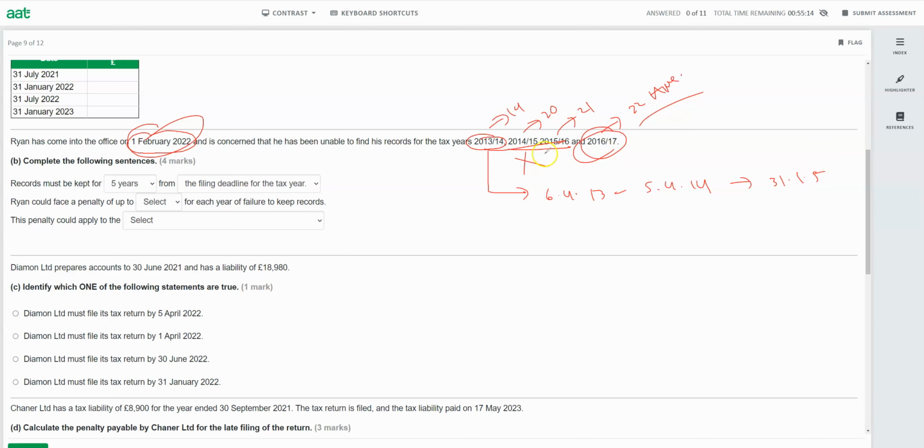So for 13-14, we have to file on 31st of January 15. That's my deadline. From here I have to keep records for 5 years. Remember that, not from the 5th of April where the tax year ended, but from the filing deadline.